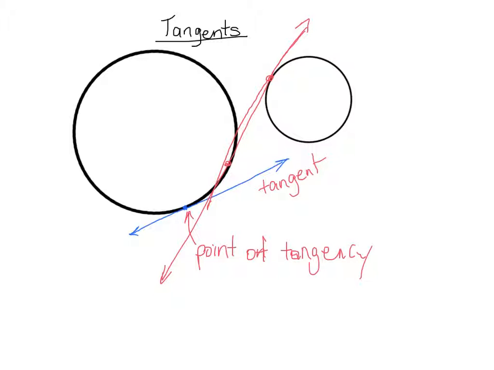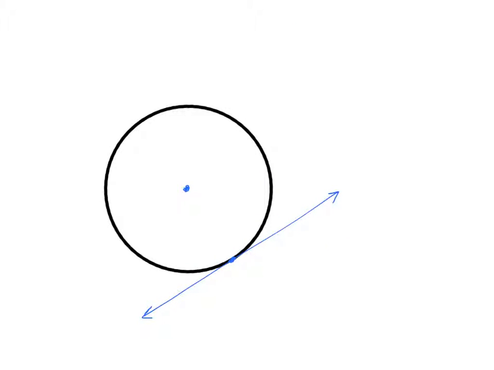All right, there are a few theorems that I want to go over having to do with the tangent. The first theorem is this. If we have a tangent, this tangent is definitely going to be perpendicular to the radius that touches the point of tangency. So I'm going to draw that radius in.